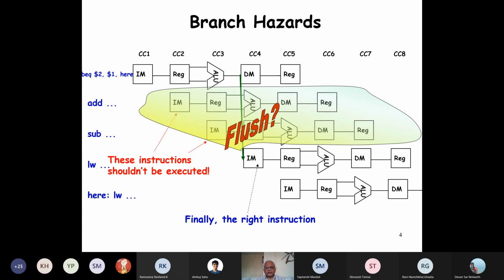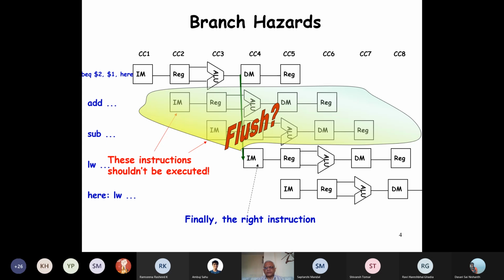Now, for the fourth instruction, we are okay. We can just use the computation of the branch outcome and fetch the right instruction. But these two instructions, add and subtract, if we fetch that, then we might have to flush the pipeline.